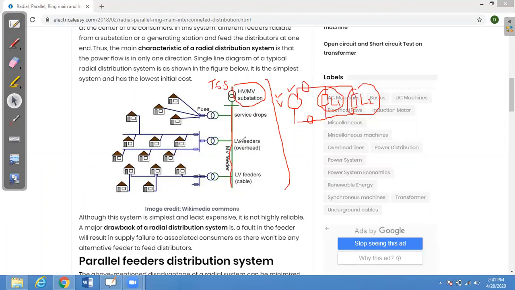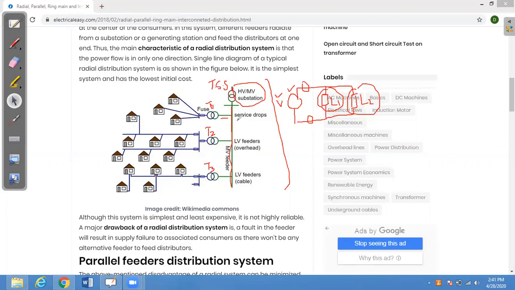From this feeder, we have the distribution transformer. Let me call this distribution transformer 1, P1, the transformer located outside our homes. This is transformer P2, or we can say a distribution substation, and this is the transformer P3.